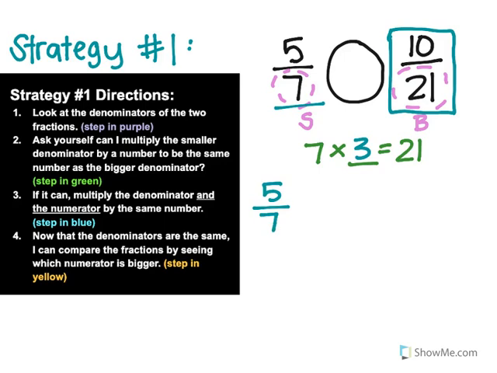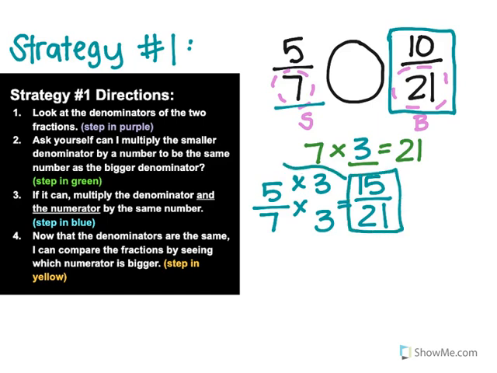So I do 5/7 and I multiply it by 3, and that gives me a denominator of 21. But if I do it to the denominator, I also have to multiply the numerator by 3. So 5 times 3 is 15. I now have my equivalent fraction that has the same denominator as the other fraction, so I can compare them.